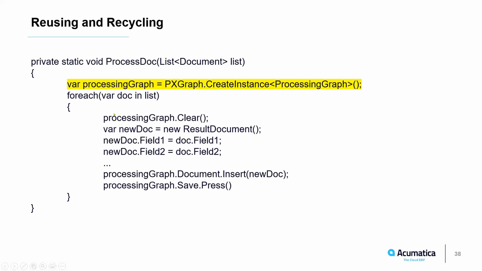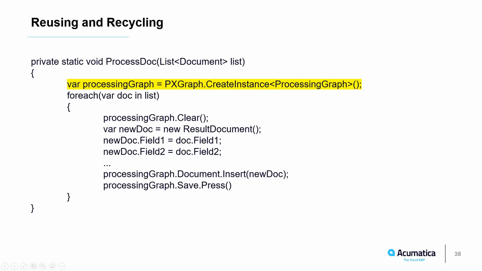So because of that, in every iteration of that loop, we are going to clear our graph before we do things with it. So we create the graph once, we have all that heavy stuff once in the beginning, and then in the loop we are only clearing the graph caches each time we need to process a new row in that list. And that is how we save time.